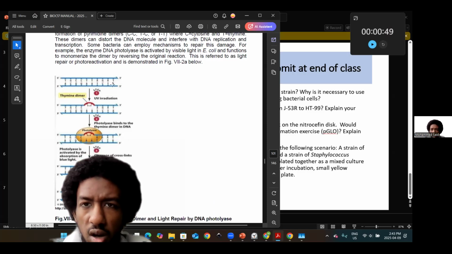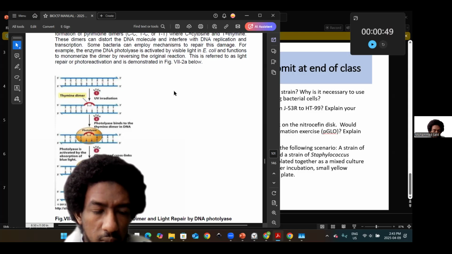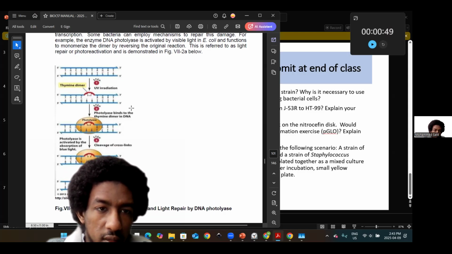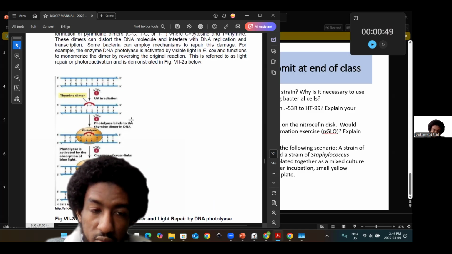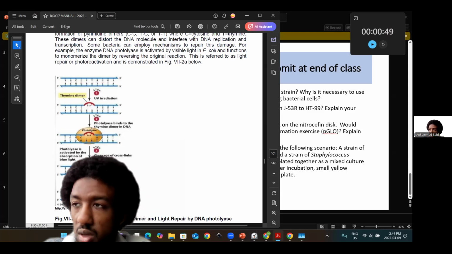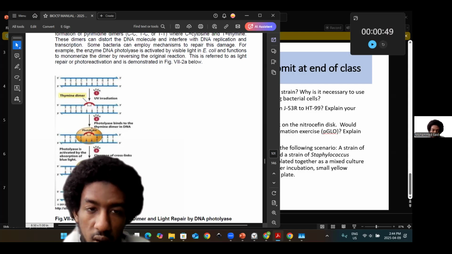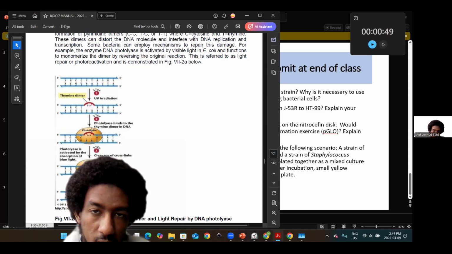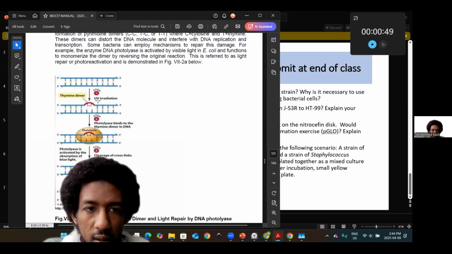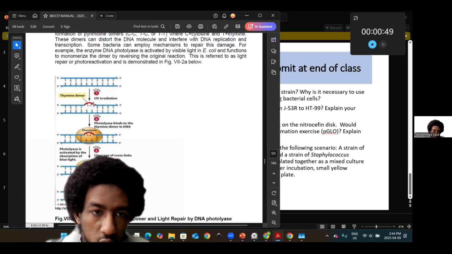if you can see here, I think you guys can see, but essentially think about it like this. This is an enzyme, right? Photolyase. So it's going to be activated or active upon light incubation. And as you can see here, it becomes active following UV irradiation, and that's where the thymine dimers exist, right?